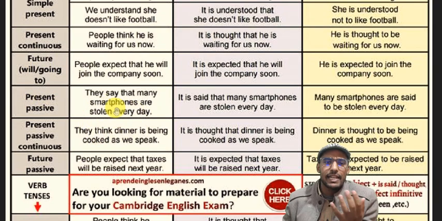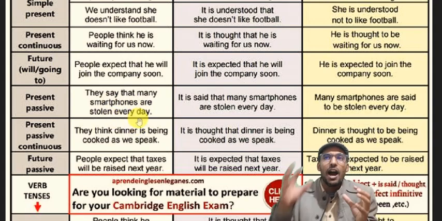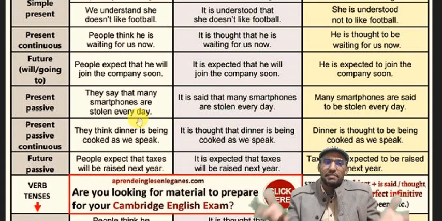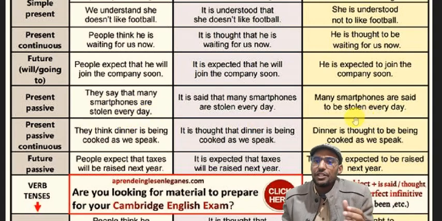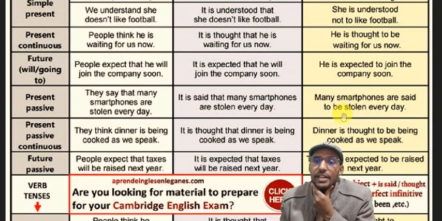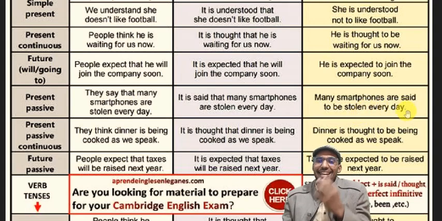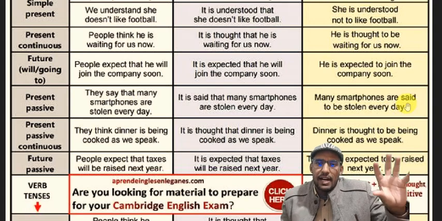It is like this case: they say that many smartphones are stolen. Are here is present, and stolen is passive. That's why we call it present passive. So if you have this construction, the personal passive construction becomes many smartphones are said. The verb to be is kept as are said.